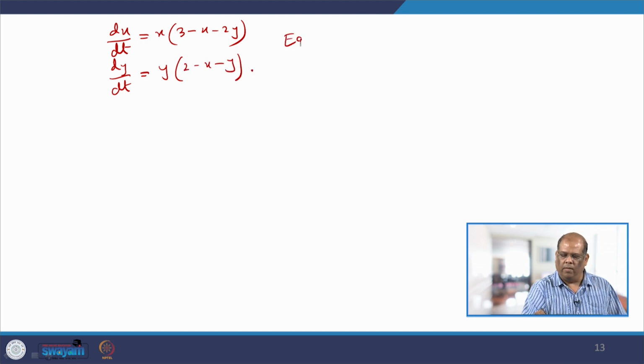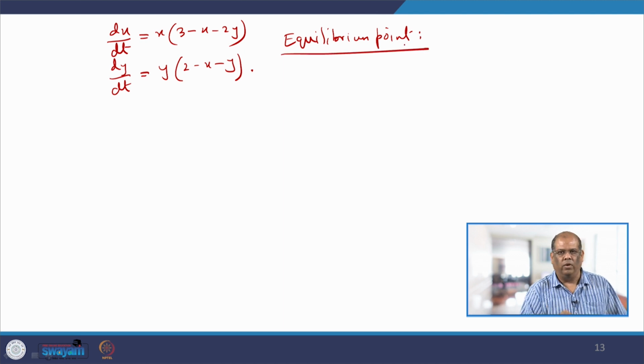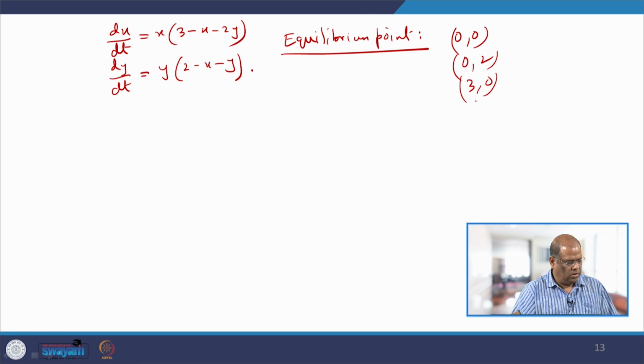The equilibrium points, this I leave it to you. I have already calculated that. So, these will be 0 0, then 0 2, 3 0 and 1 1. So, these are the 4 equilibrium points. You can easily check, you put this equal to 0 and solve, and you will get these values.